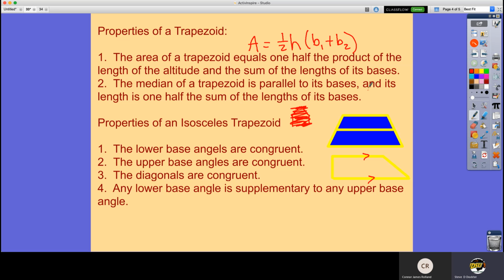The one thing that we can figure out, though, is say that our top is X and our bottom is Y. To find how long our median is, it is just the average of those two. So our median is always the top plus the bottom divided by 2, and that is always the case for the median of a trapezoid.